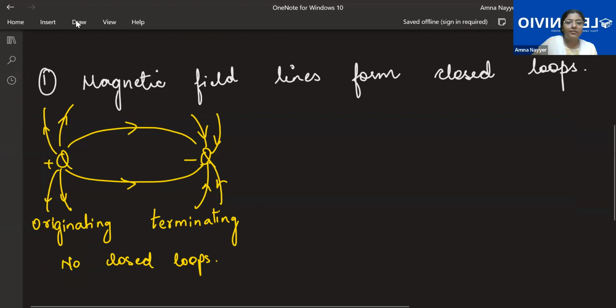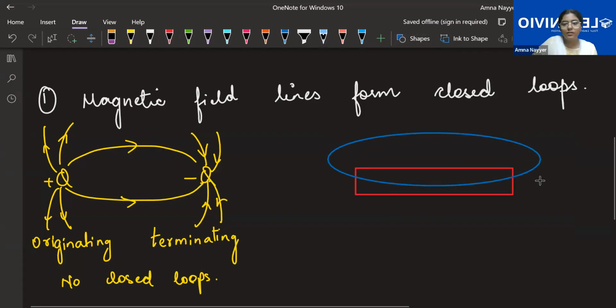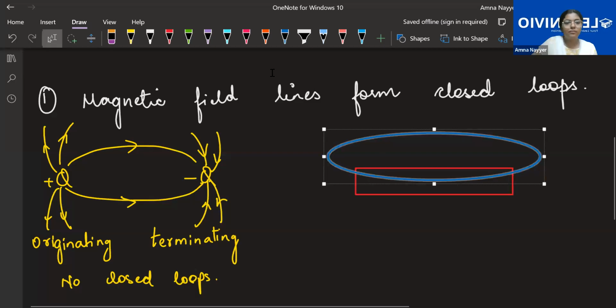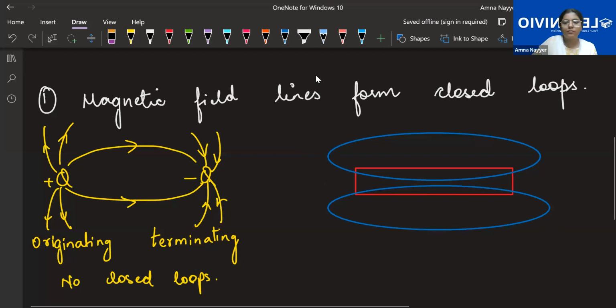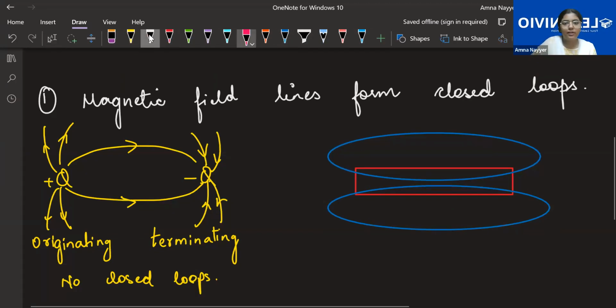In case of a bar magnet, if I draw a bar magnet like this, this is, let's say, the north pole on this side, and here you have the south polarity.